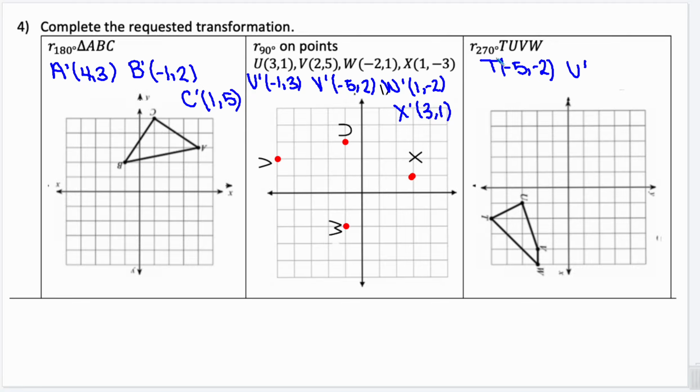U prime is going to be negative 3, negative 1. V prime is, what is that, negative 2, negative 4? Yeah. And W prime would be at negative 2, negative 5.